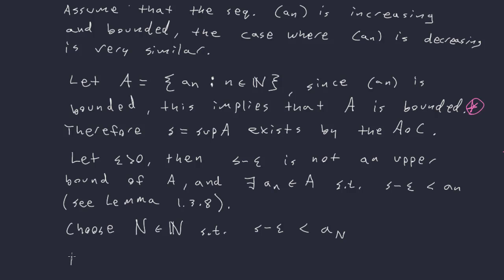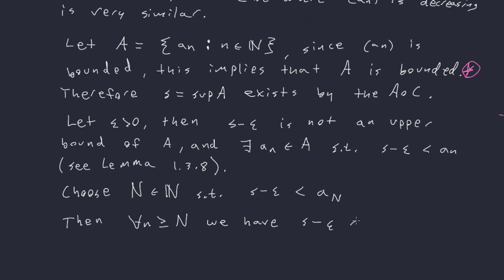Then, for all little n greater than or equal to this big N, we have this: that S minus epsilon is less than a_N, which will be less than or equal to a sub n.